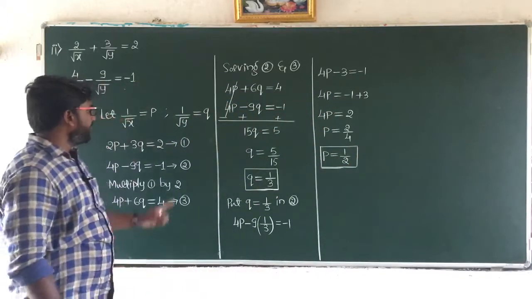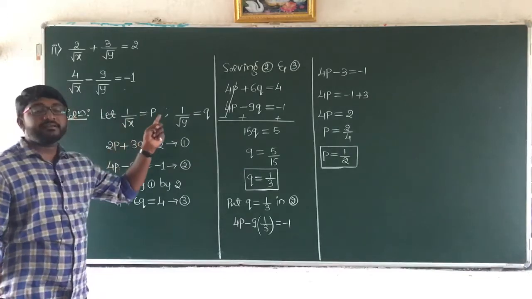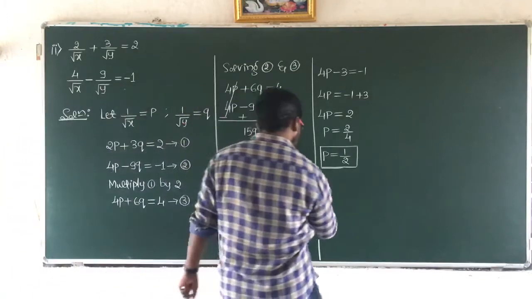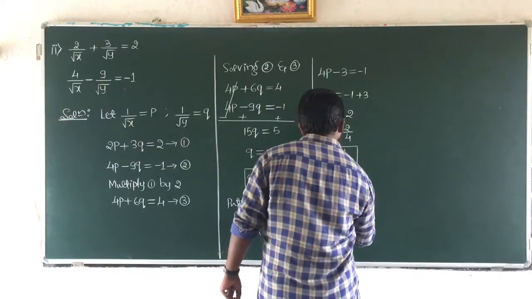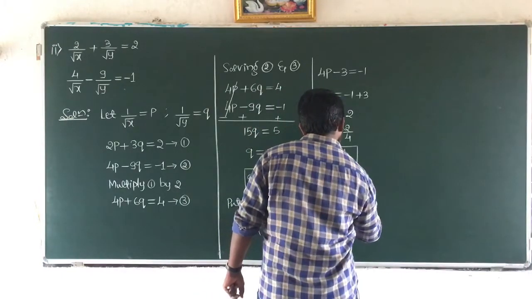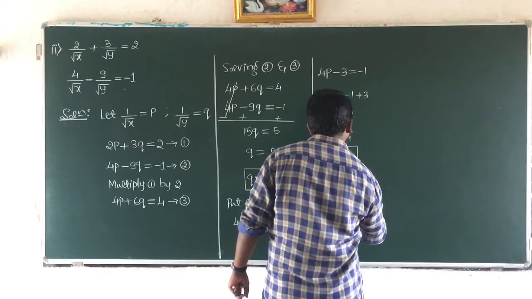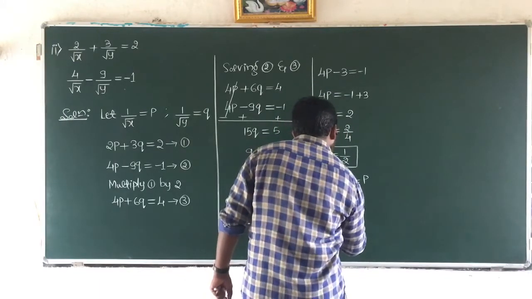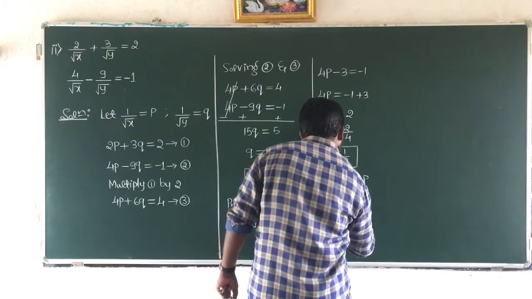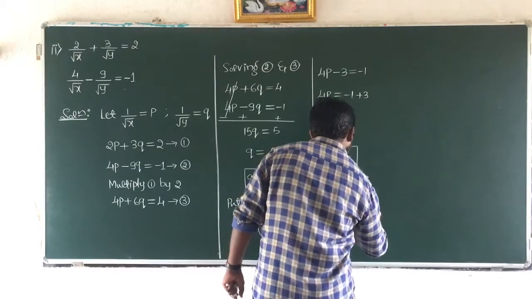Now we have to get the values of x and y. But 1 by root x equals p, this implies root x equals 1 by p.